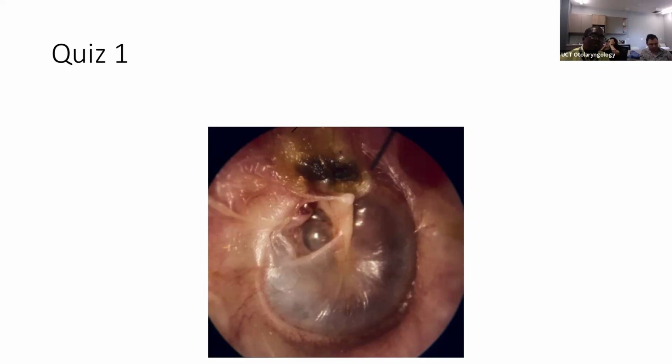I can use conchal cartilage or tragal cartilage to bridge the gap and cover it with fascia, temporalis fascia. But depending on what I find, looking at the tympanic membrane and the way it looks, I may not really aim at any significant tympanoplasty, because my fear is that you might tear it if you go peeling it off.